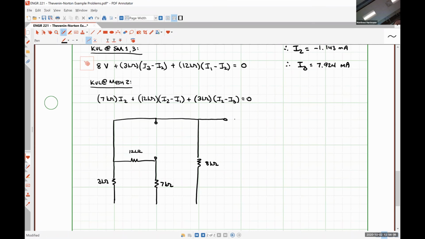Here's our terminal A. Here's our terminal B. So we're trying to find the equivalent resistance, which you could call R Norton or R Thevenin.